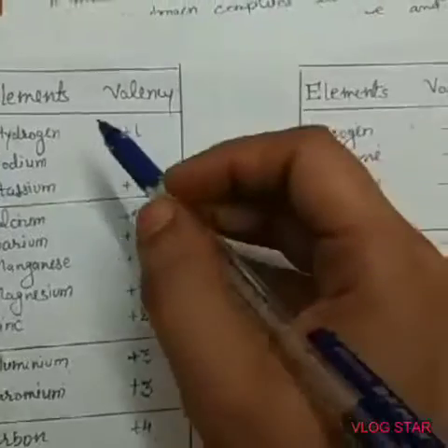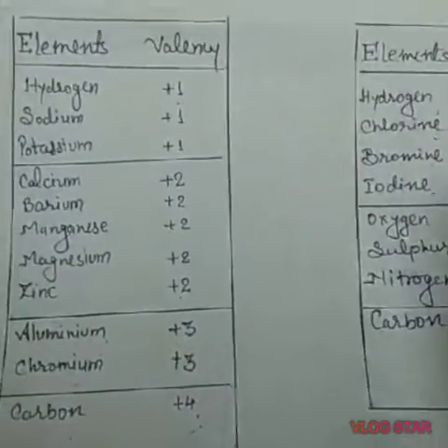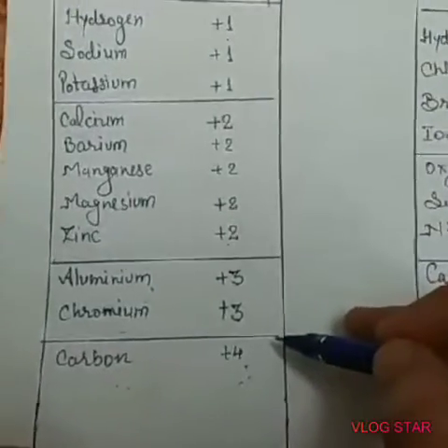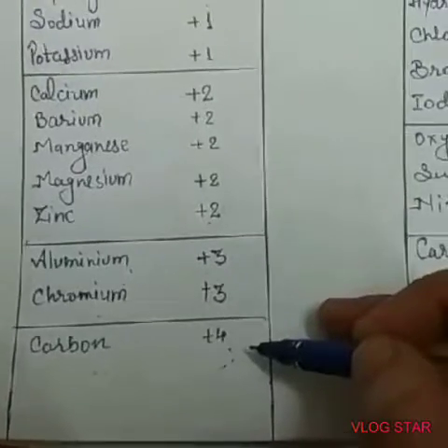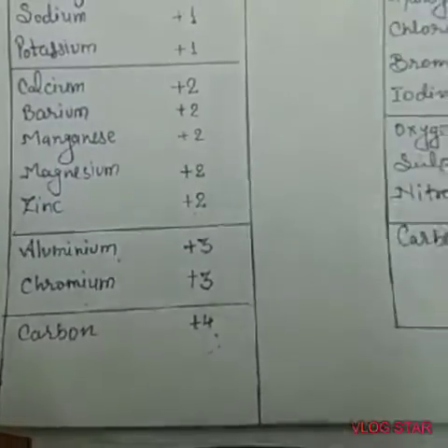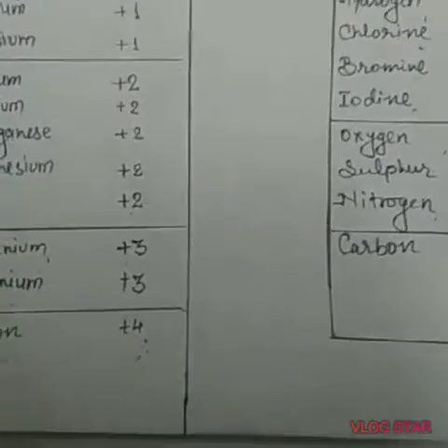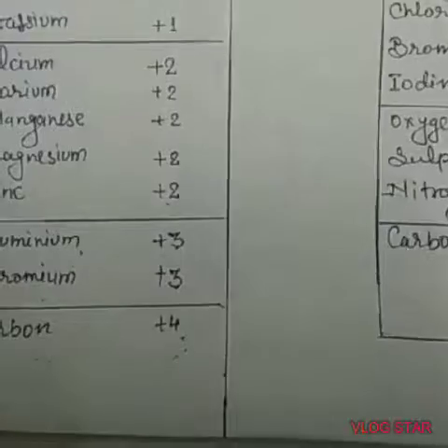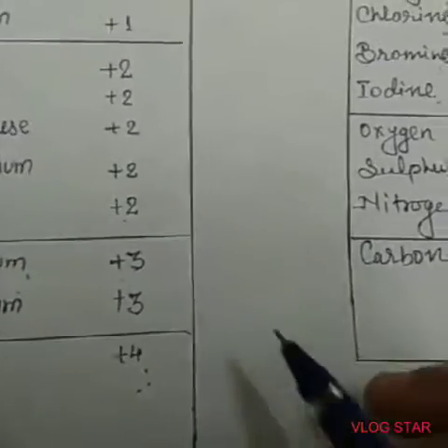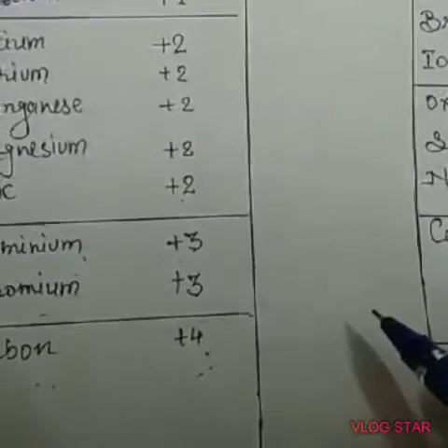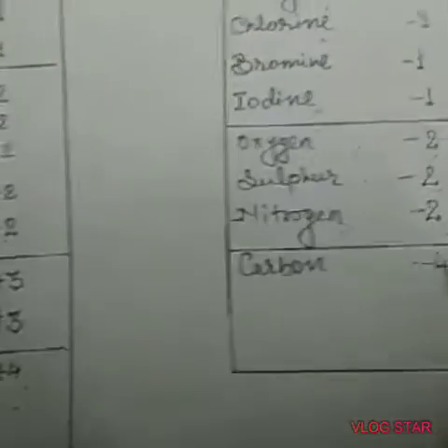You will observe hydrogen shows both positive valency and negative valency. Similarly, carbon. We know that carbon has 4 electrons in its valence shell or outermost shell, so it can neither gain electrons nor lose electrons. So what does carbon do to complete its octet? It shares electrons. That's why it shows both positive valency and negative valency.